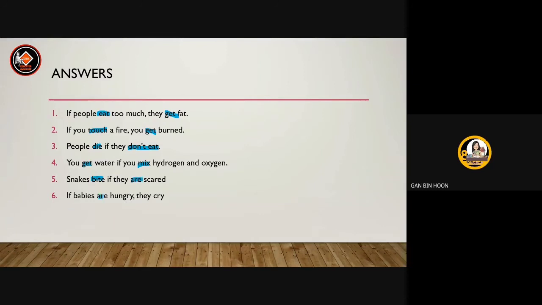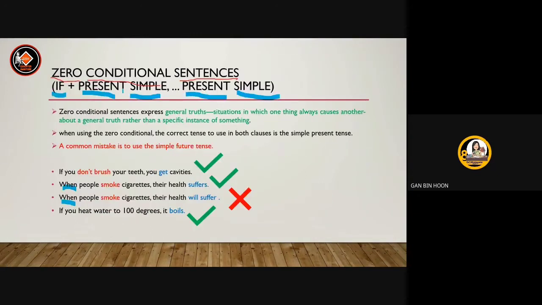If babies are hungry, they cry. So you cannot write this, for example, if babies are hungry, you write they will cry. Okay, so will cannot be written because it is wrong. Because the formula, just now, is present simple plus present simple. Okay, that is called conditional sentences.